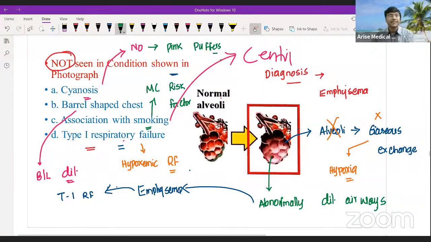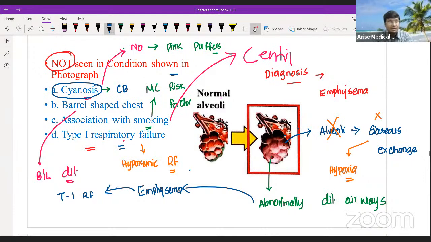And cyanosis you will see in patients with chronic bronchitis. Because there is cyanosis in chronic bronchitis, these individuals are called the blue bloaters.